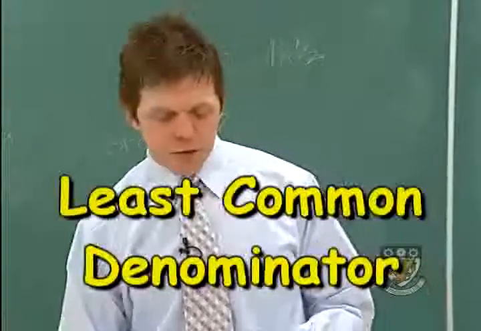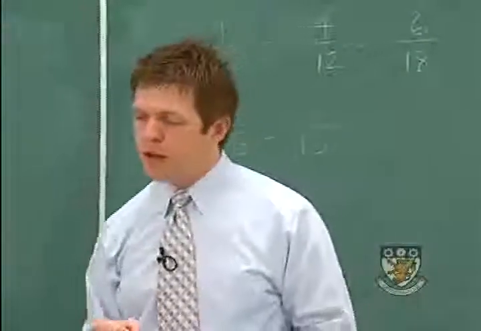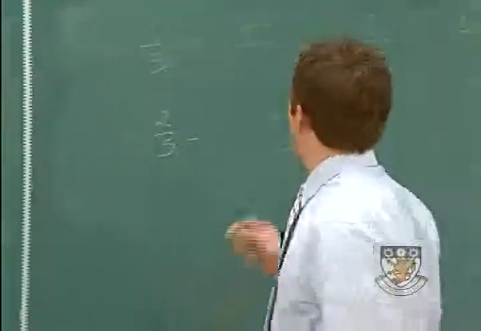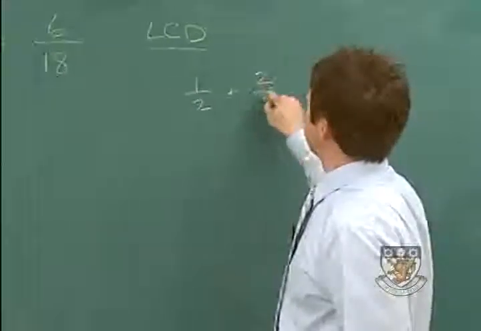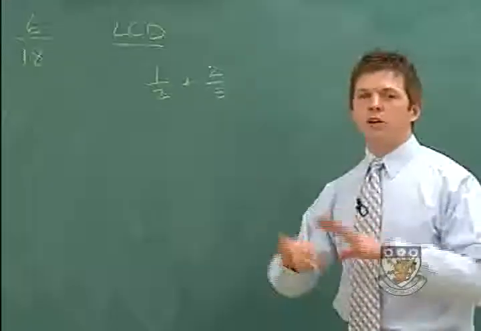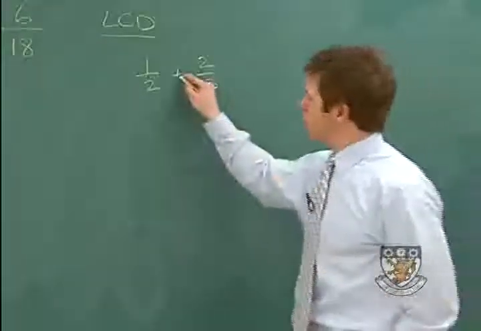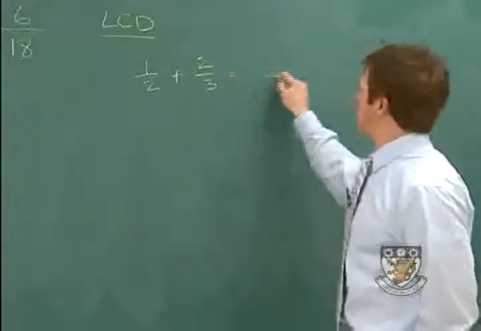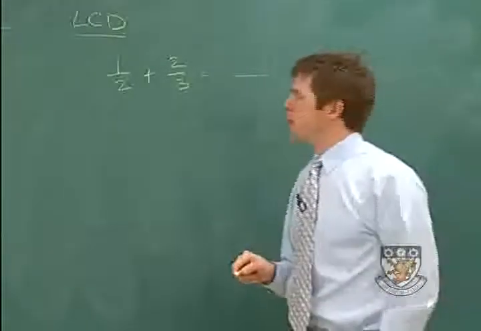In order to add and subtract fractions, you have to have what's called the least common denominator. The least common denominator is finding a number that they have in common. Now the numerator doesn't matter what it is, but you're going to be adding those. In order to add and subtract fractions, you have to have a least common denominator.